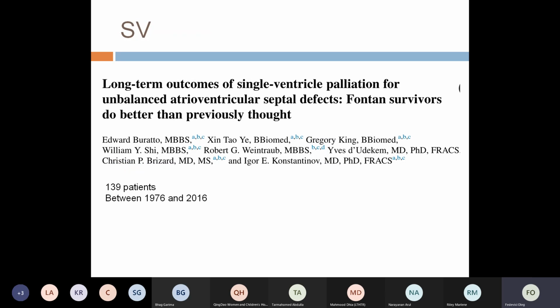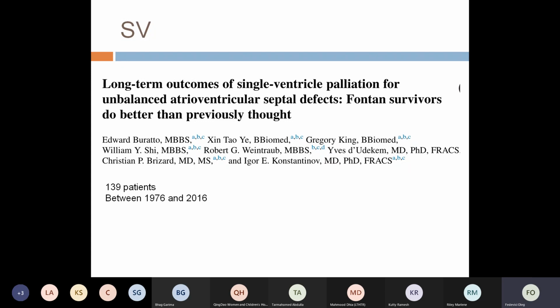Another very complex topic is the single ventricle pathway for these patients, and I just want to briefly go through this paper because we can speak about that in another session.